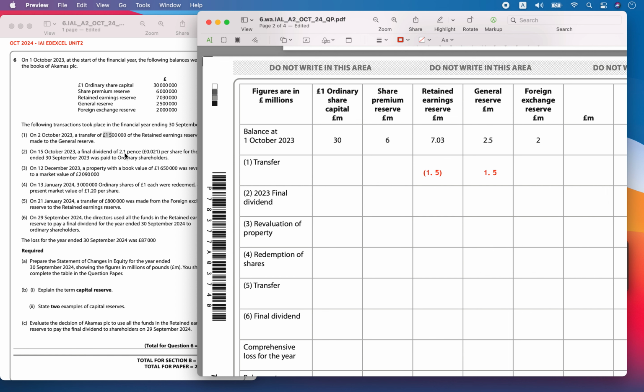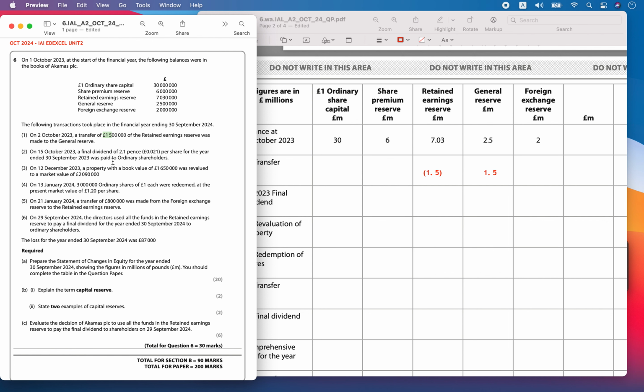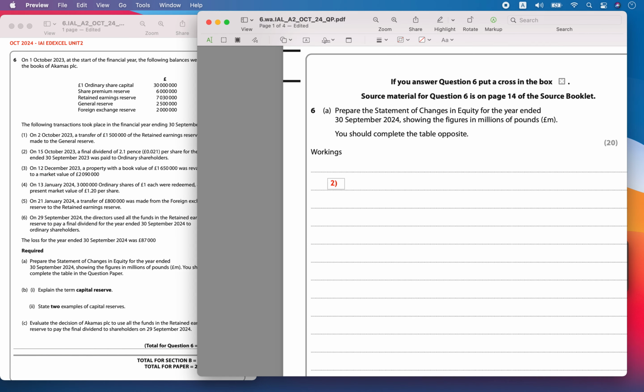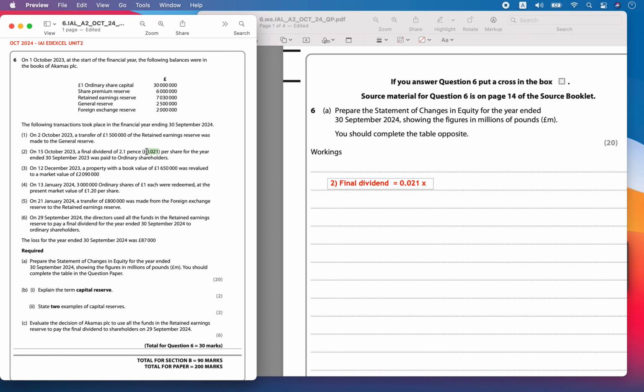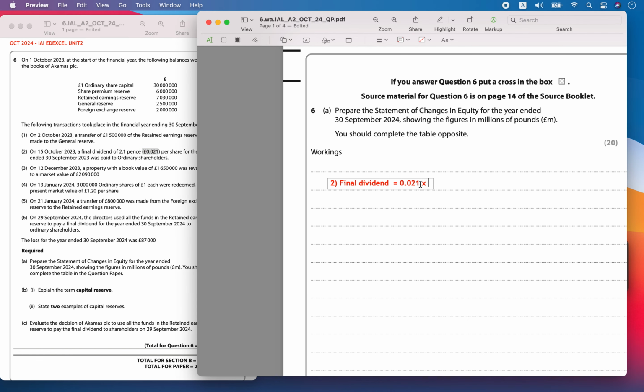Then on 15th October 2023, a final dividend of 0.021 per share for the year was paid to the ordinary shareholders. We saw that the share capital is 30 million. I can do the working here. The final dividend issued is 0.021 times the number of shares.